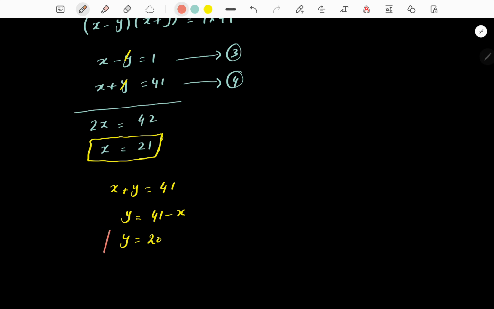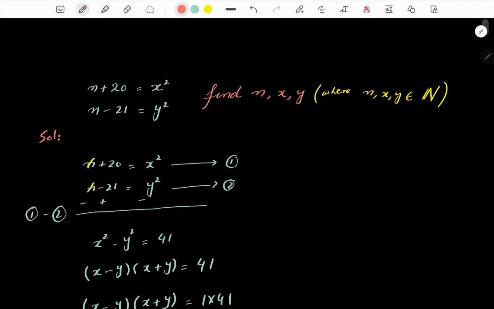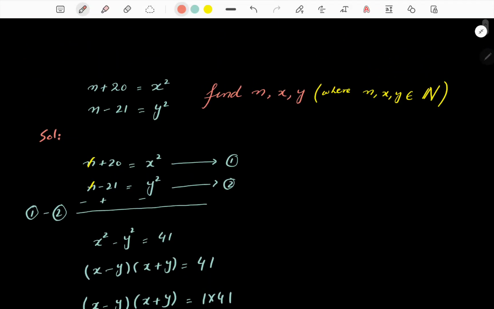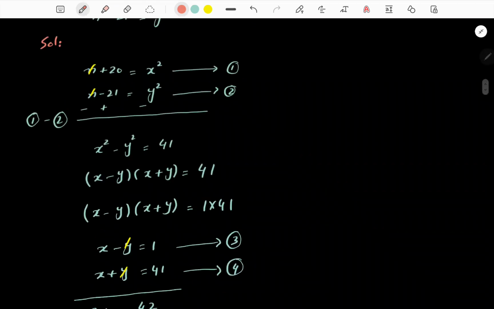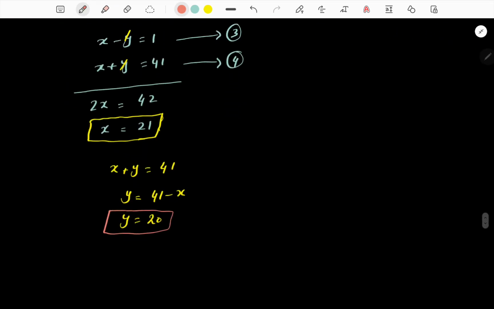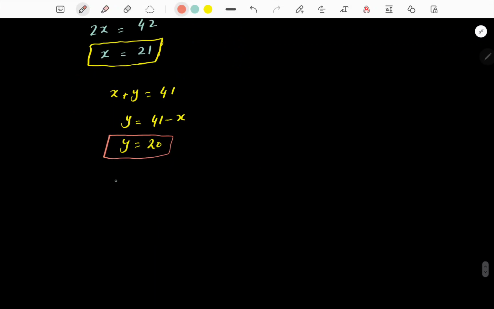Now substitute these values in either equation 1 or 2. From equation number 1, n plus 20 is equal to x square, or n is equal to x square minus 20. x is equal to 21, so 21 square minus 20.